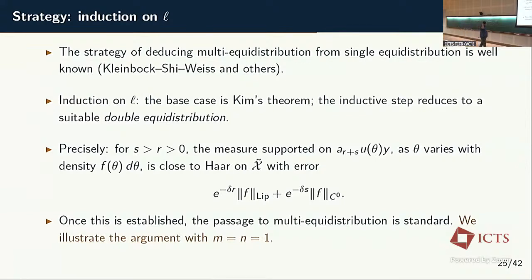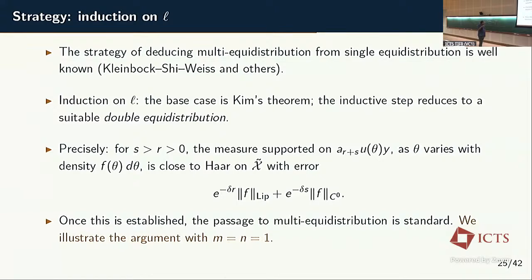So what do I need to do for that? On a small scale, I need to look at the measures supported on a small piece of this translate as theta varies in my unipotent. There's some density which dictates how theta varies.